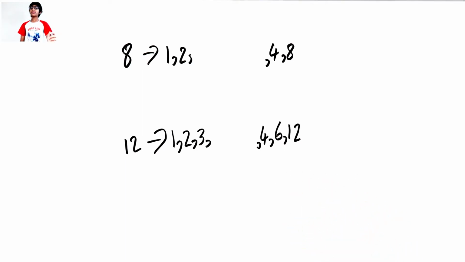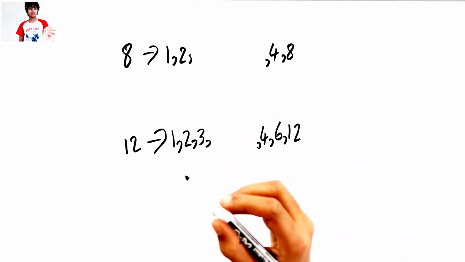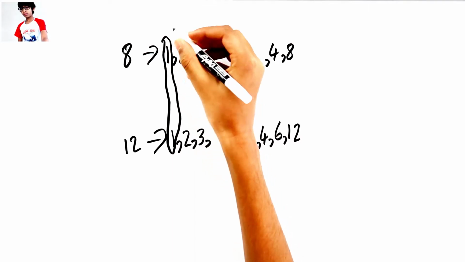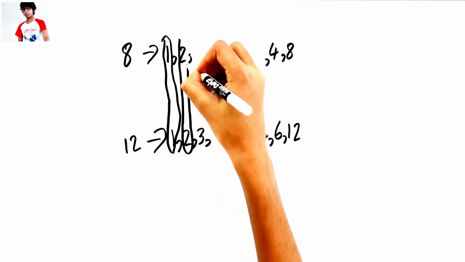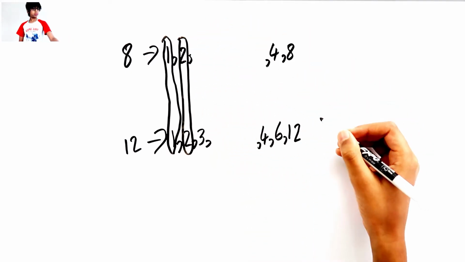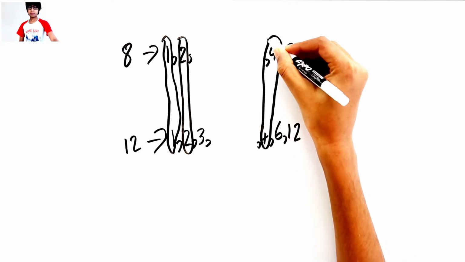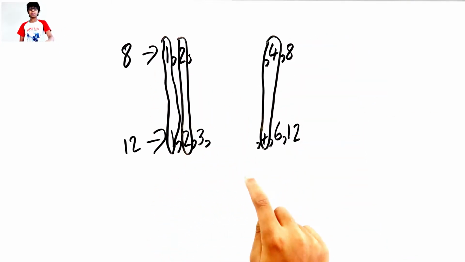Now let's find the common factors. So the common factors are 1, 2, and 4. Now let's write the common factors for both of these numbers here.